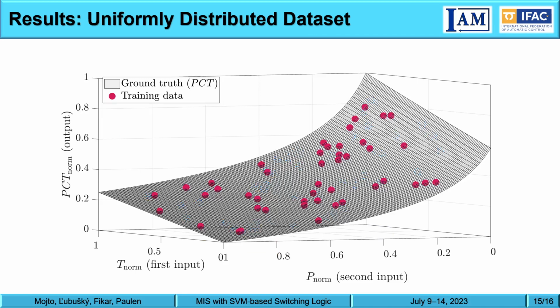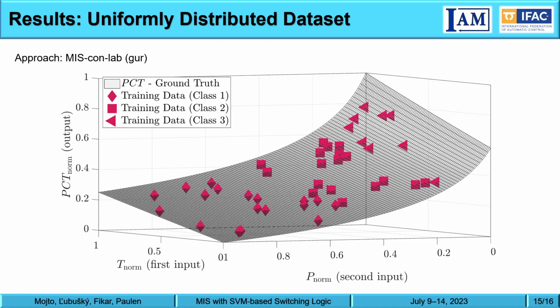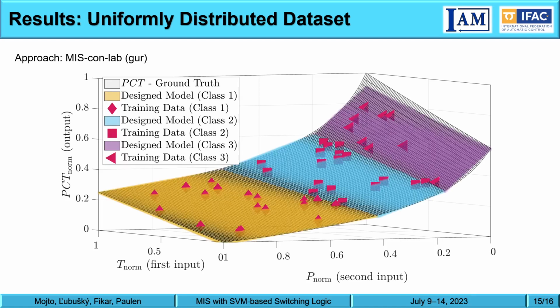For this purpose, we also use only the training dataset, and we consider the most accurate approach. This approach is simultaneously clustering the datasets and designing the models of the inferential sensors, which are illustrated here. And as we can see, the models have continuous switching, and they are trying to explain the ground truth model.